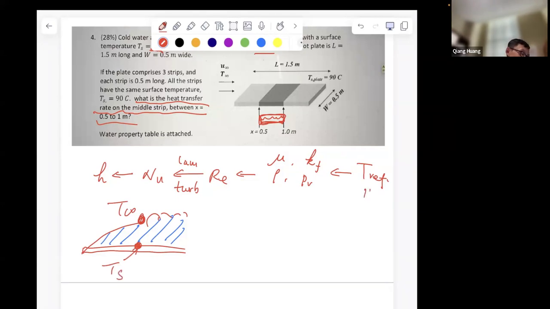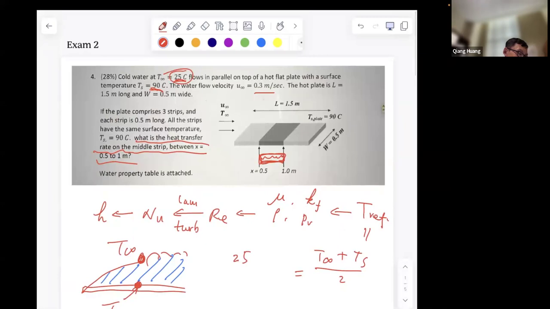So the reference temperature is the average of the infinite temperature and the surface temperature. The infinite temperature is 25 C, and the surface temperature is 90 C, divided by 2.